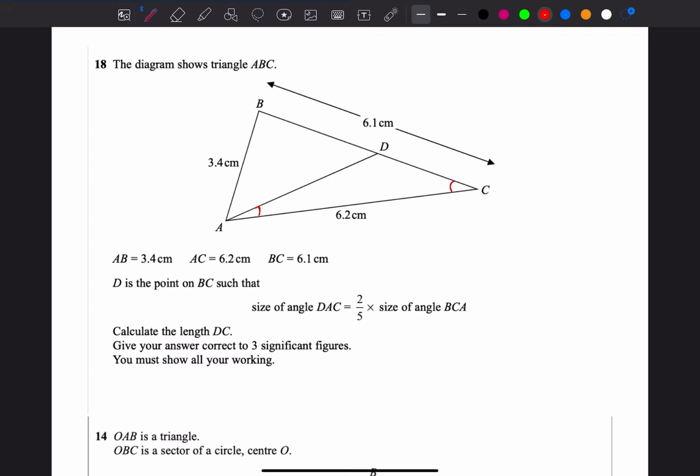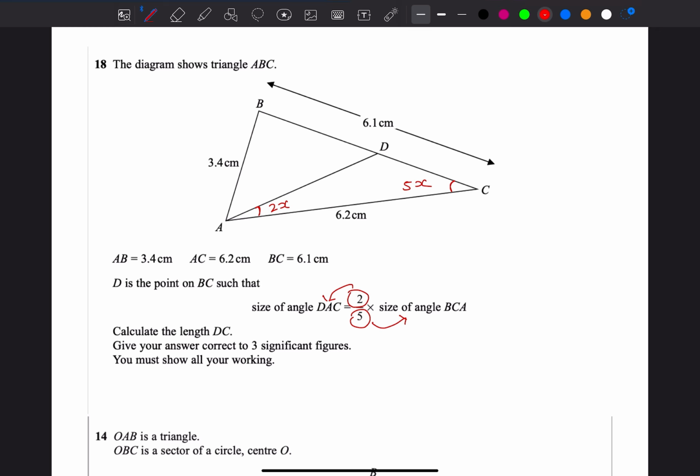Okay, so which is the smaller one? Of course, DAC is the smaller one. DAC is the 2, so we'll call that 2x. The BCA angle is the bigger one. It's 5, so it's 5x. Okay, they want the length of what do they want? The length of DC.